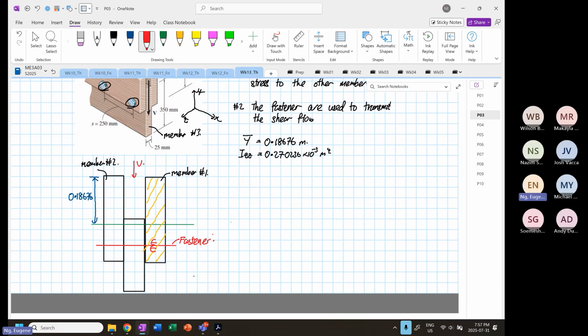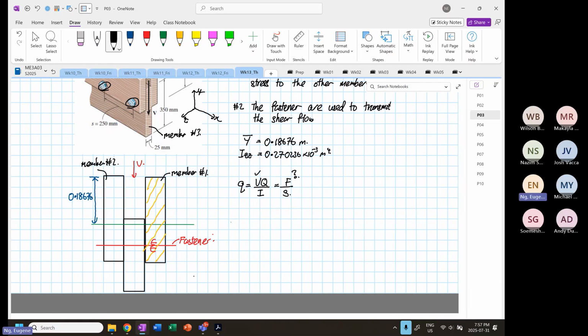Right? So the formula to use will be VQ over I, which is equal to F over S. What we want to determine is F, right?